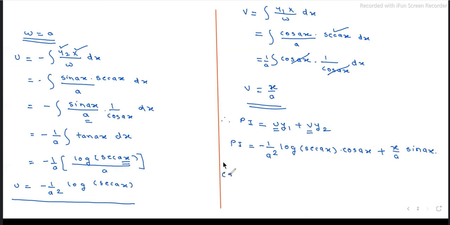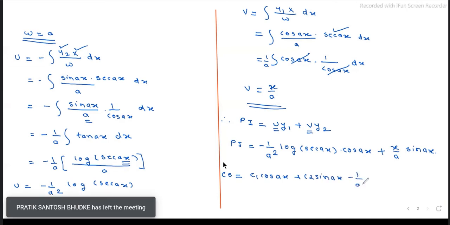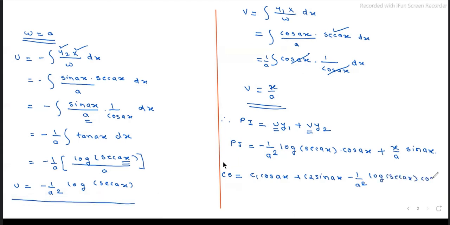And finally, the complete solution is CF plus PI. Replace the value of CF. What was the value of CF? C1 cos ax plus C2 sin ax plus PI, that is minus 1 by a square log of sec ax into cos ax plus x upon a into sin ax.